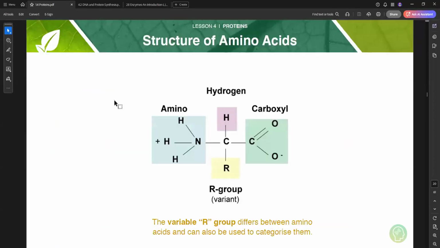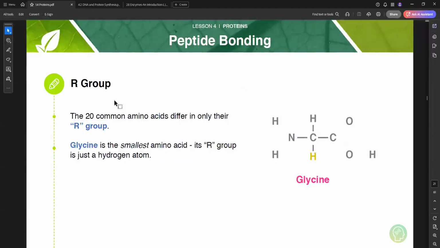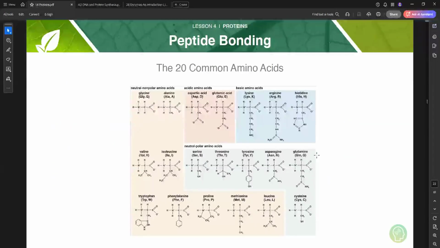Fine. So we said that the R group can be different, and glycine is one of the amino acids. It is the smallest one we have, and it has only an additional hydrogen. What else is special about glycine is it's the only amino acid that isn't chiral.